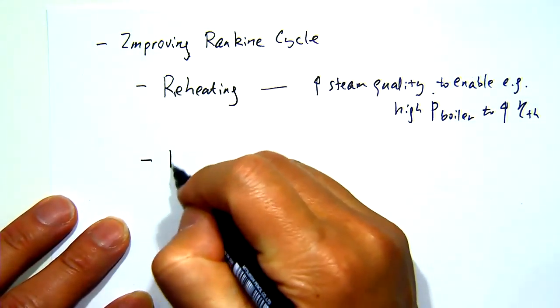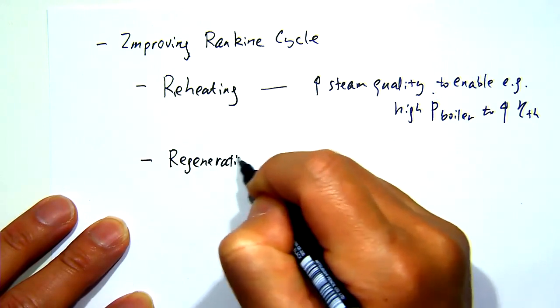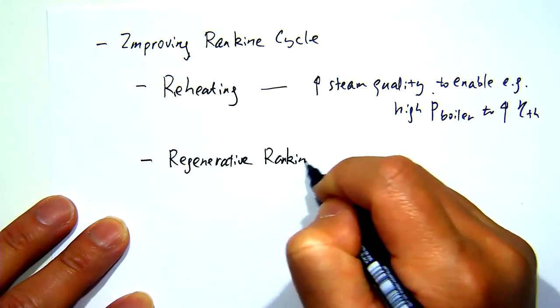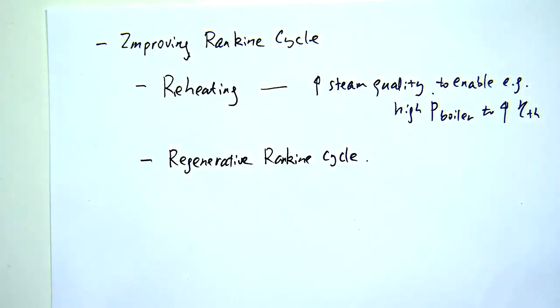Then another one we discussed is called the regenerative Rankine cycle. And in this case, the idea is to not fully expand the steam. So direct a fraction of the partially expanded steam, which contains enthalpy, and use that steam to heat the compressed water.